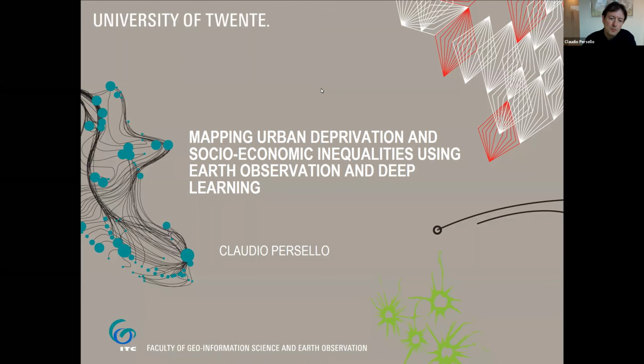So we'll give you an overview of a few research lines which are related to mapping urban deprivation and socioeconomic inequalities using Earth observation and deep learning.